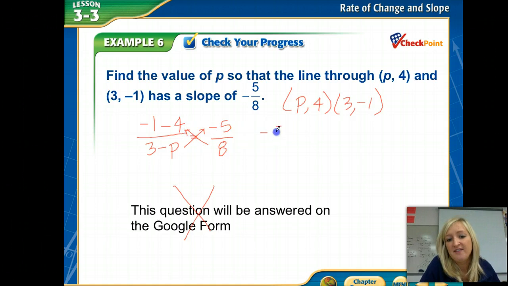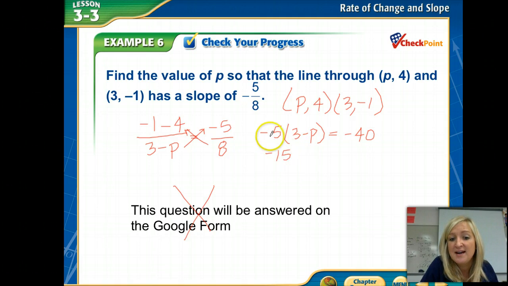So I get -5 times 3 minus p is equal to, well, -1 minus 4 is -5, and it's 8 times -5, which is -40. So now we're going to use the distributive property. I get -15. -5 times a negative p is a positive 5p, equals -40.